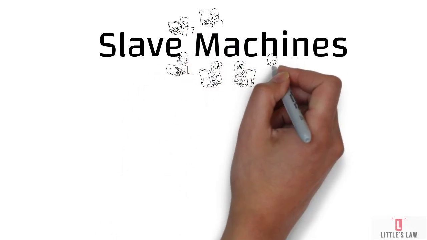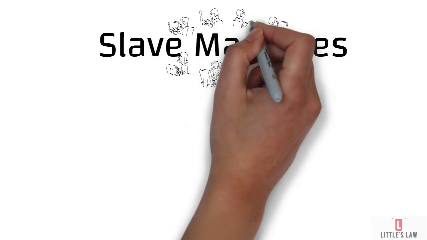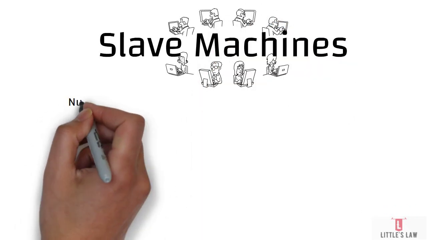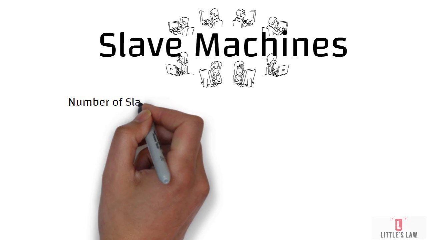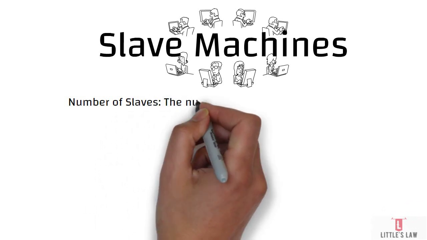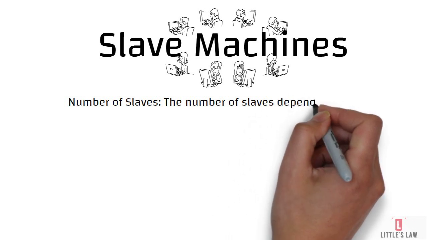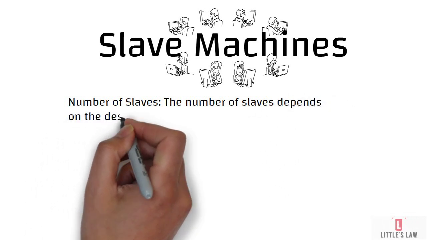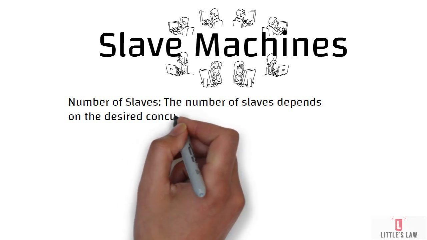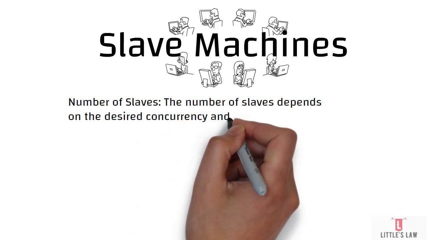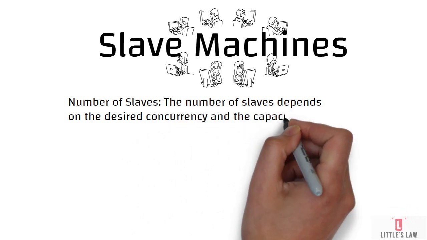So the number of slaves. As I told you, in this case you're going to use one master and 10 slaves. The first part is the concurrency and workload. The number of slave machines will depend on the desired concurrency, meaning how many virtual users you want to simulate. Each will simulate a portion of the total users, so the total number of slaves should be enough to handle the desired load.